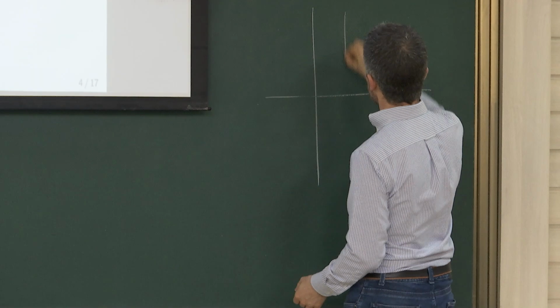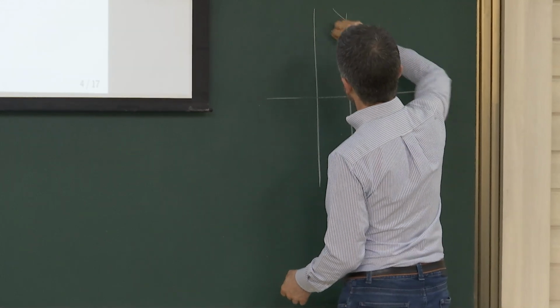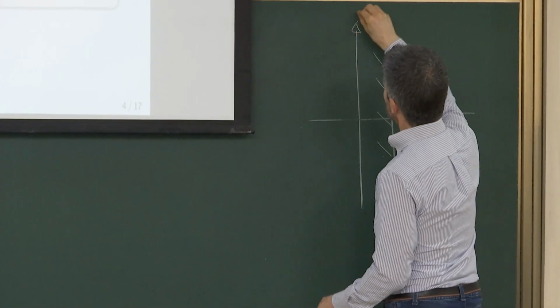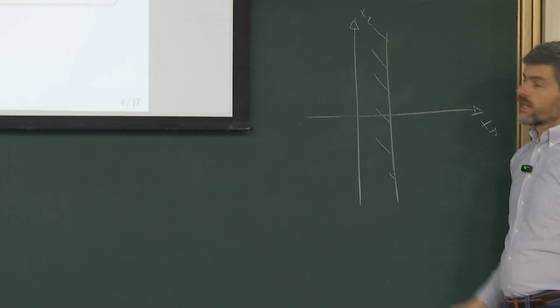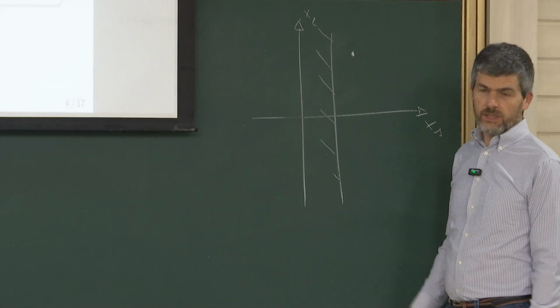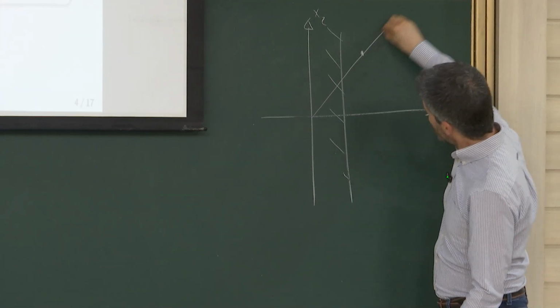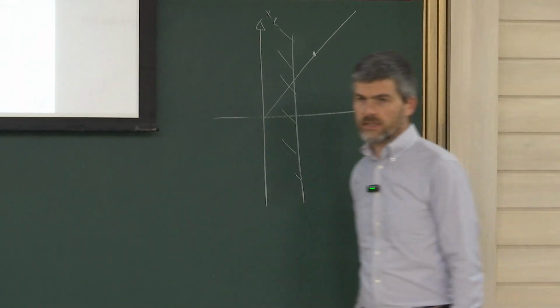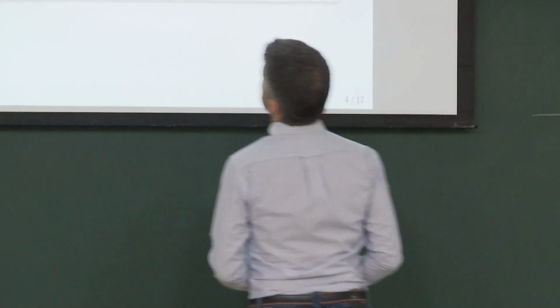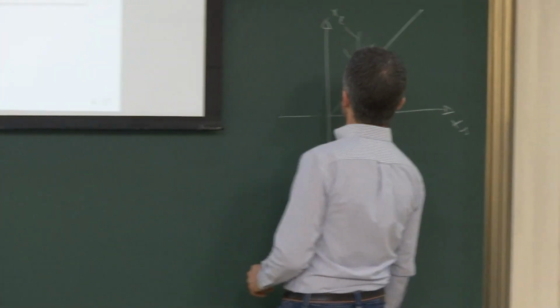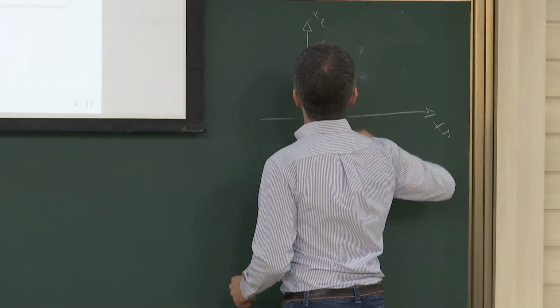it's easy to see that if this is the set, this is x2 and this is x1, clearly this point belongs to the set, but not the whole half line belongs to the set. So clearly, this is not a cone. The second last and the last set are also cones.